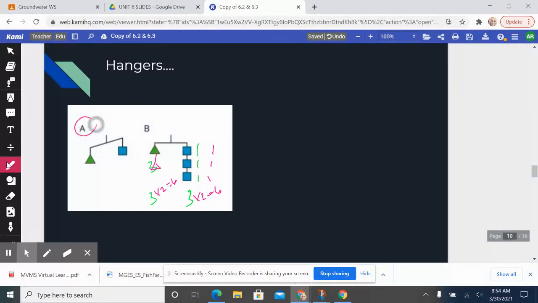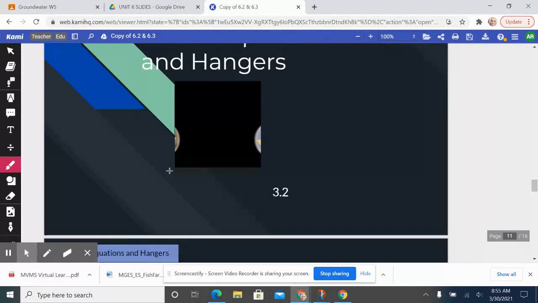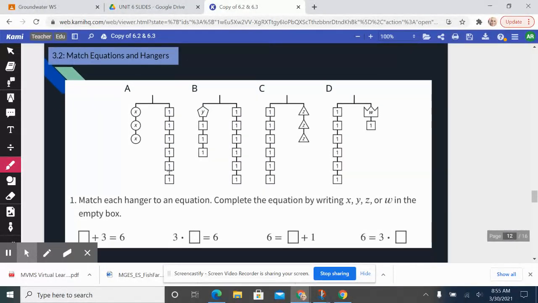Now, this one here, that is not a balanced equation. That's not what we want. So when you have the incorrect answers, you have an unbalanced hanger. That's kind of the scenario that they're setting up for you in your book. So we will match equations and hangers. So you're on lesson 3. We're moving over to what says match equations and hangers. So please find that page, and it looks just like what you see here.